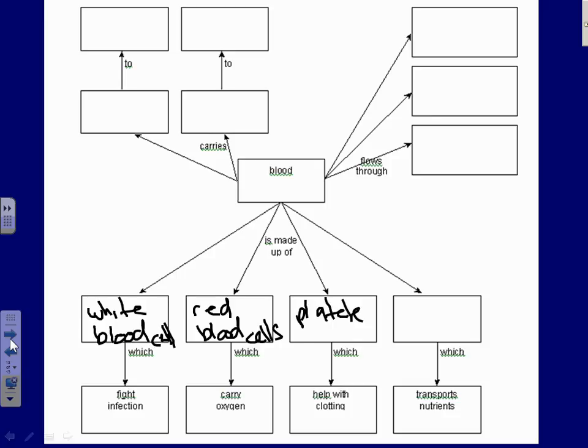Platelets. I probably spelt it wrong. Two L's. Who knows? Platelets. What is it called when your body doesn't produce platelets properly, and if you get a cut, you can bleed to death easily? Hemophilia. Have you heard of that before?